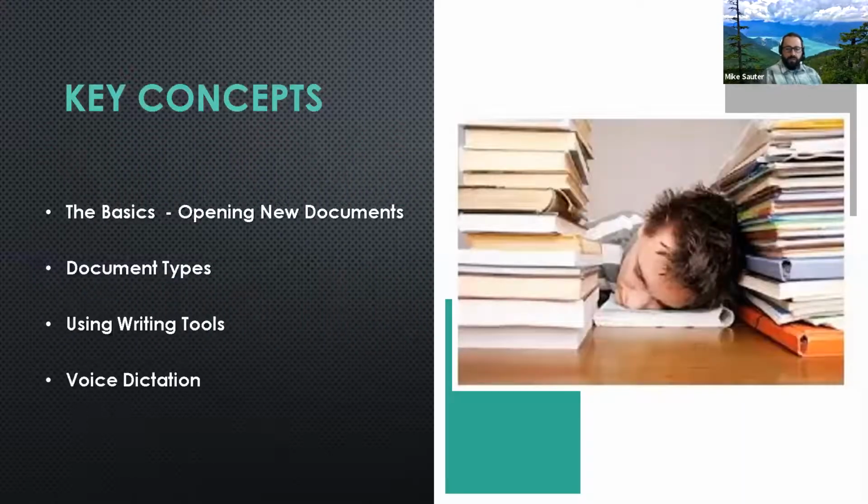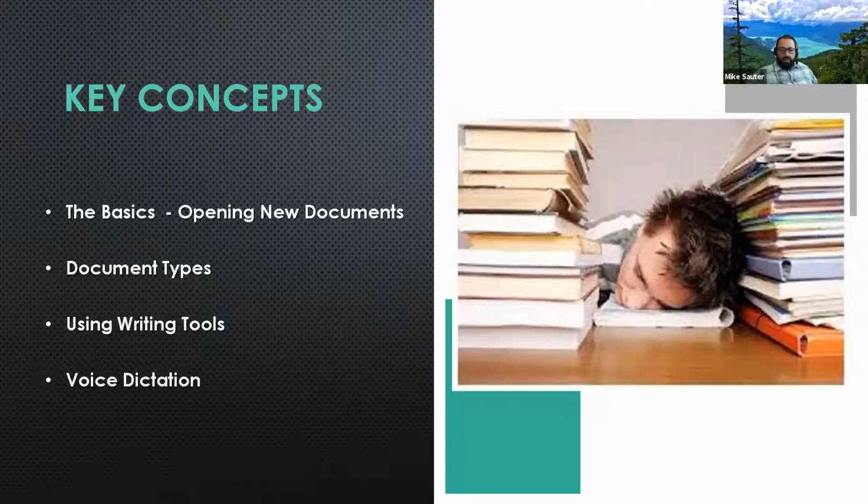The areas that we are going to be covering today, we'll start with the basics of opening new documents, and we will explore the different types of documents that you can create, because there are a number of different types of documents. We're going to go into a couple of them and how to use them.